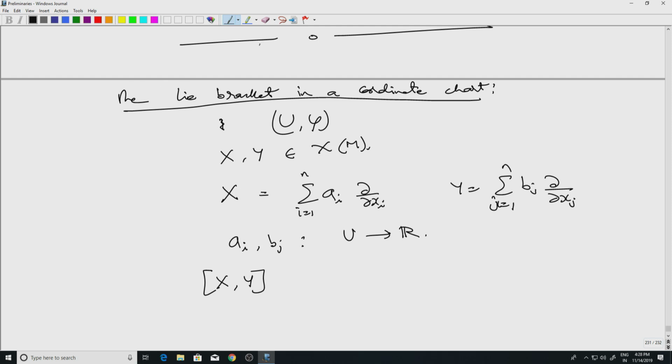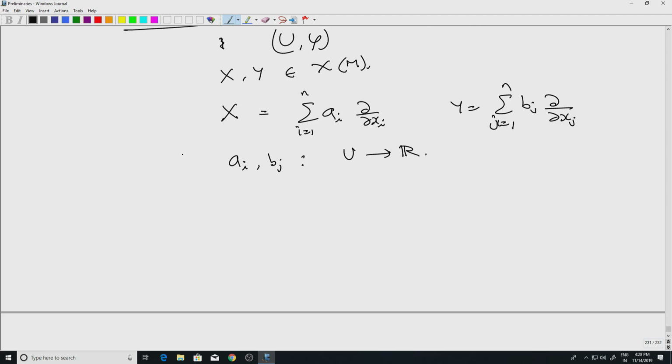Before I proceed, let's make a few general comments about the algebraic properties of the Lie bracket.